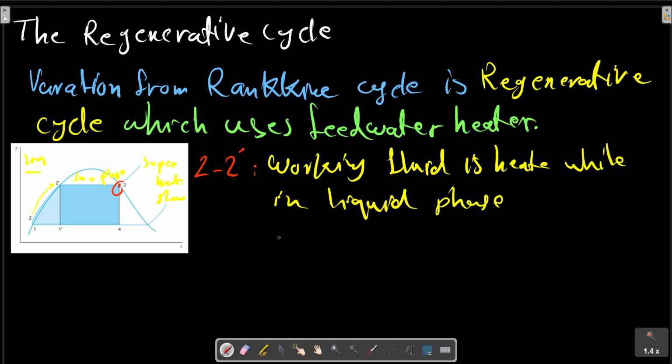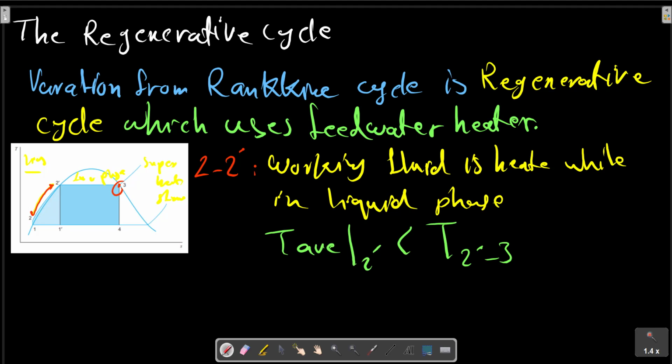The average temperature at 2 to 2 prime is lower than the average T between 2 prime and 3.